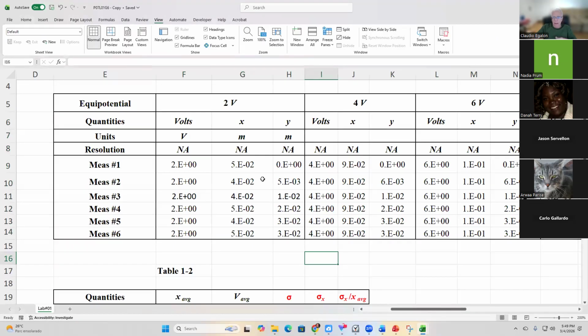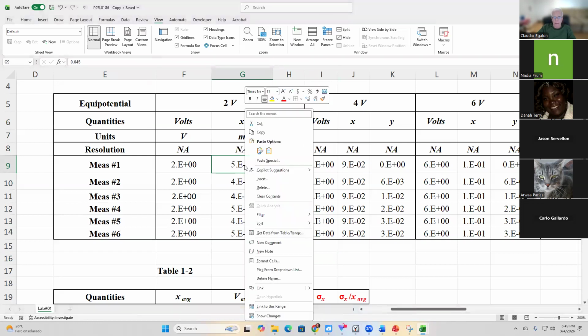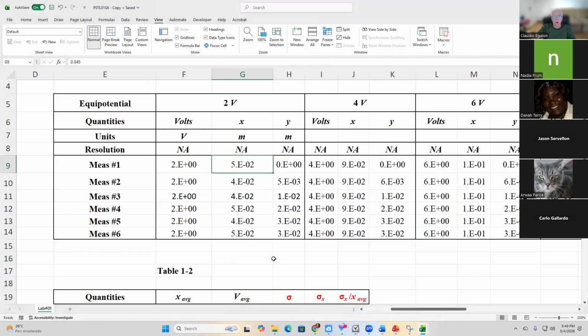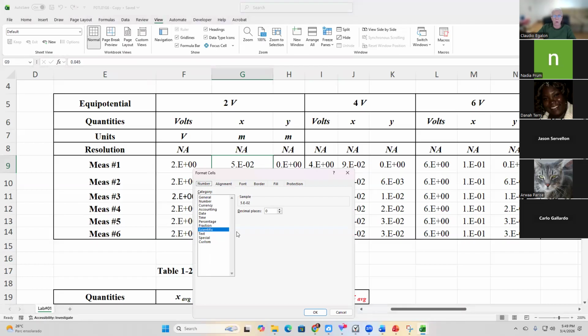Okay. And the ruler has a 1 millimeter of resolution. So the proper way of displaying this measurement would be to right click, format cell. We're going to put it in numeric format, not in scientific format.